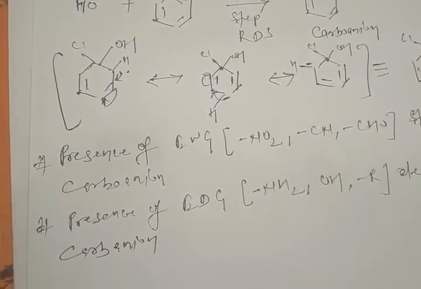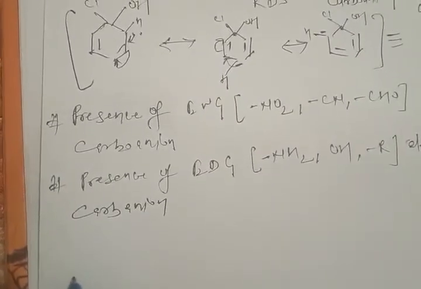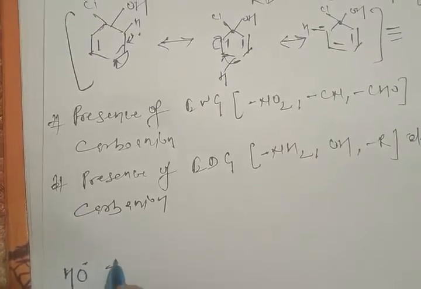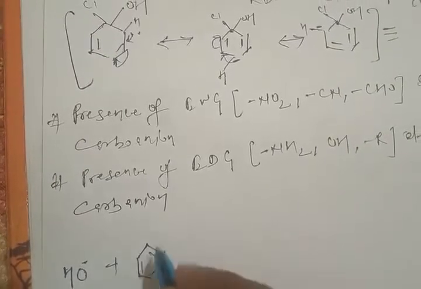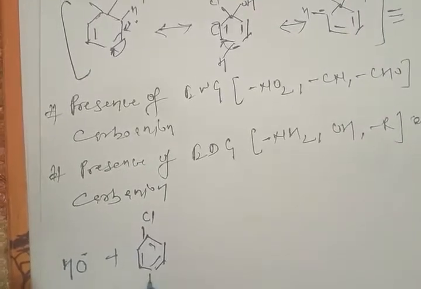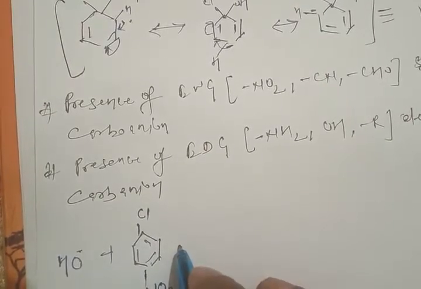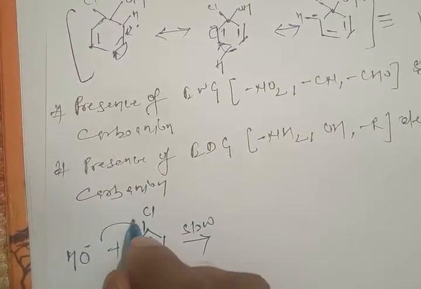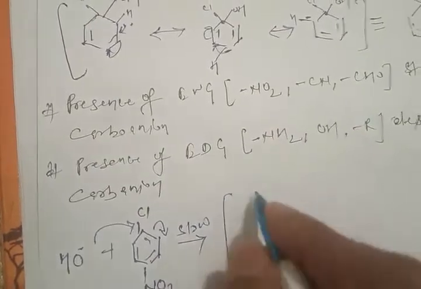If we take the example of an electron withdrawing group, then what will happen here? HO negative, and this is the Cl. We had already discussed this, so I think there is no need to explain it, but still let's go for that. This is a slow step. This will go to this side and this will move to this side. And now the resonating structure.